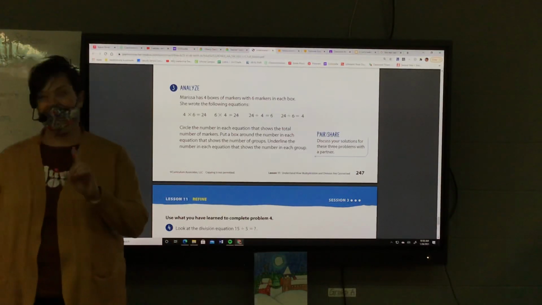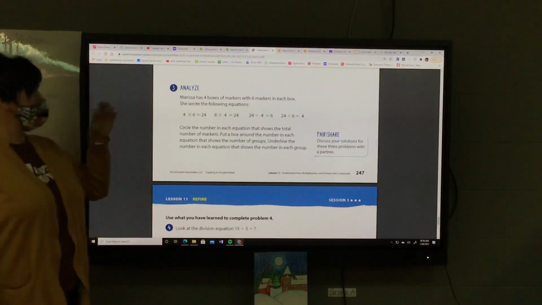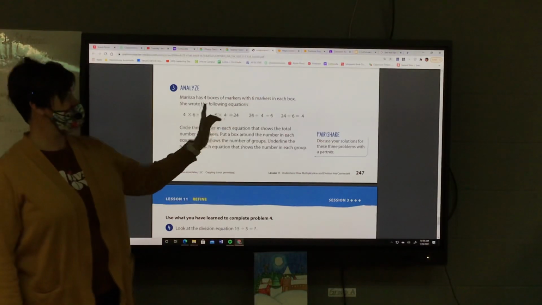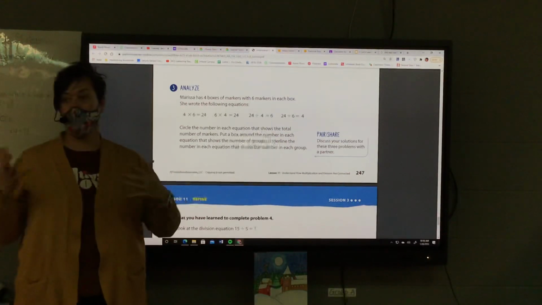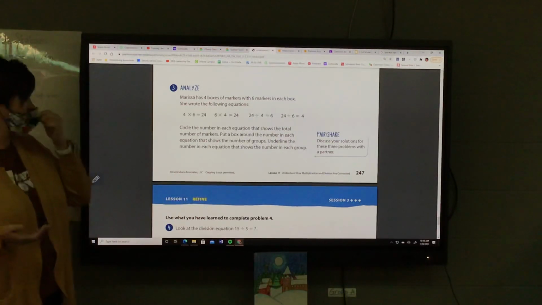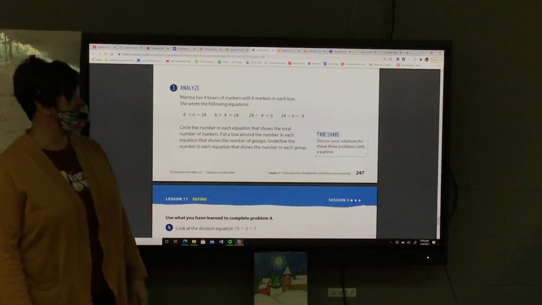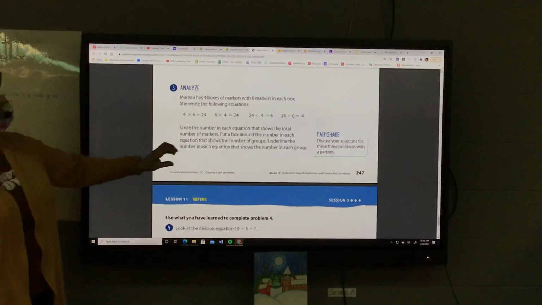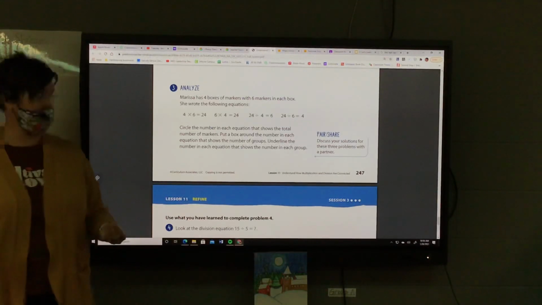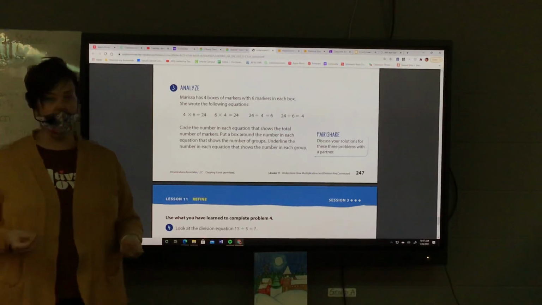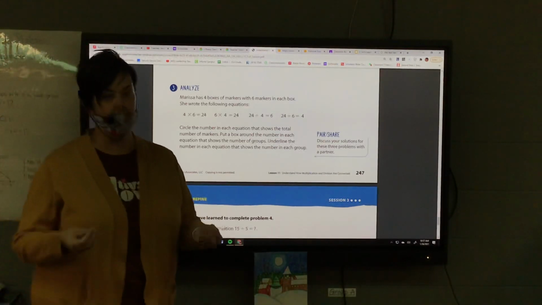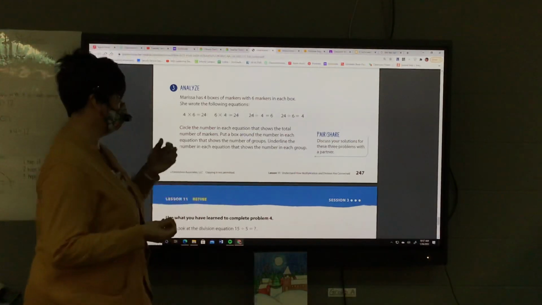There's one equation that goes with how the wording in the problem is. Circle the number in each equation that shows the total number of markers. Does that make sense? Which number is the total number of markers? Circle that right now.